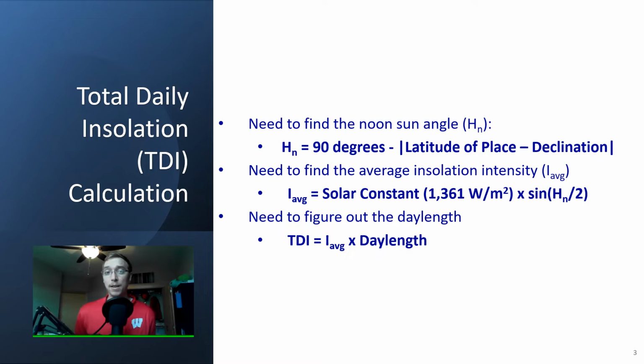I provided graphs in our previous lecture for day length. Make sure you go back and you use those. One thing to think about is if it is the December solstice and your latitude of place is greater than 66.5 degrees south or 66.5 degrees north: if it's in the southern hemisphere and it's the December solstice, you'll have 24 hours of daylight south of that 66.5 degrees latitude.